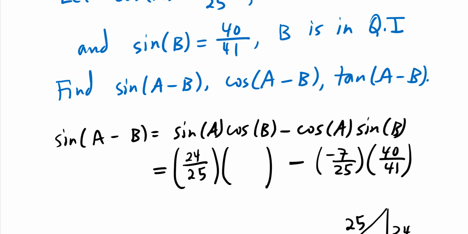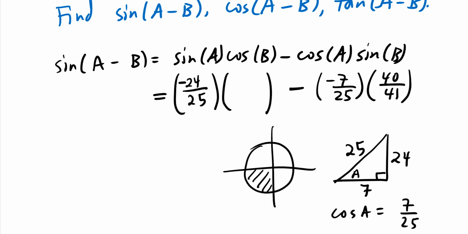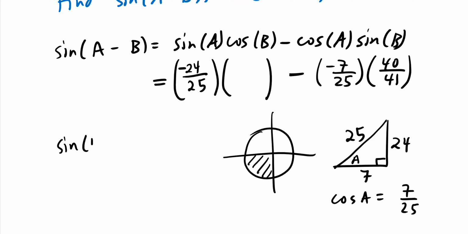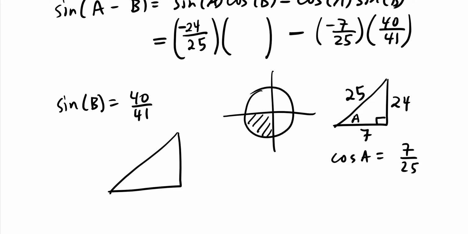Do not forget that A is in quadrant 3, so we are working here. In that quadrant, sine is negative from the previous section. All students take calculus. For B, they give us sine B is 40 over 41. You can draw a separate right triangle for that.